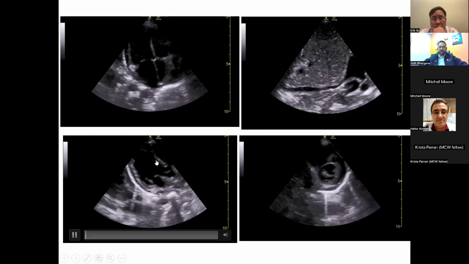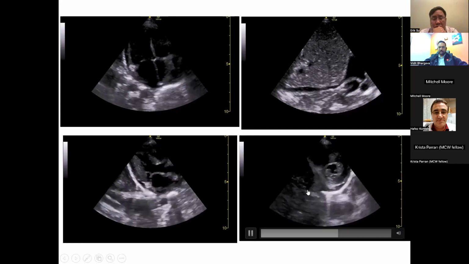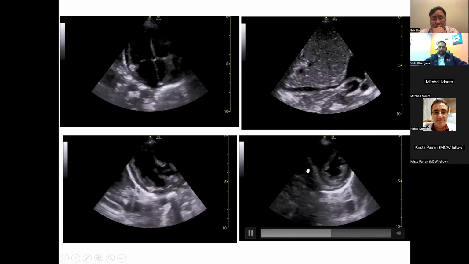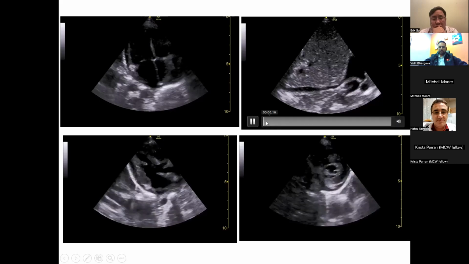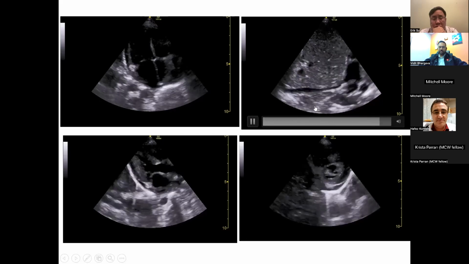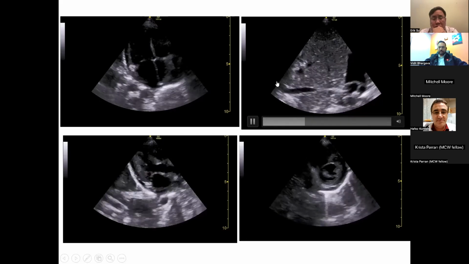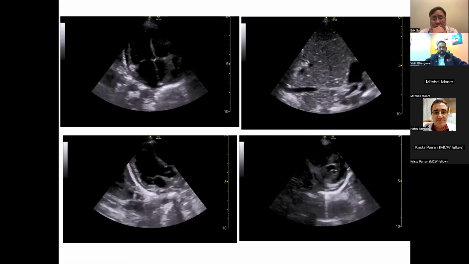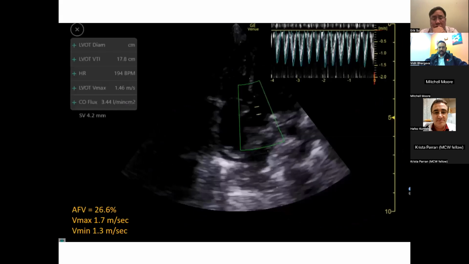The LV may be underfilled, it's hyperdynamic here, and very similar corroborating findings here. In the short axis, your IVC is small and collapsible. This patient is intubated, so you have to take that with a pinch of salt. But those are the basic findings.